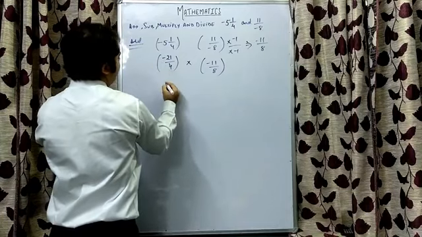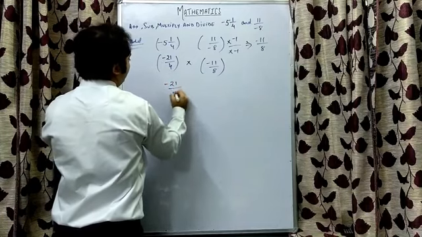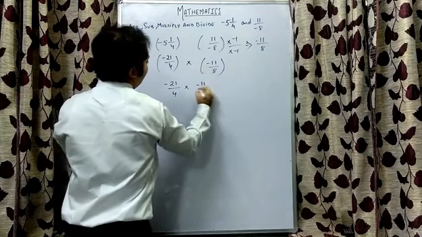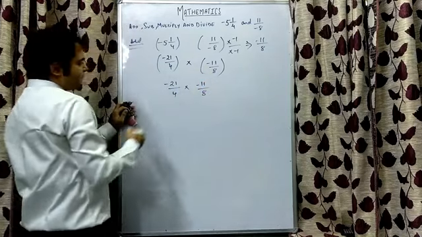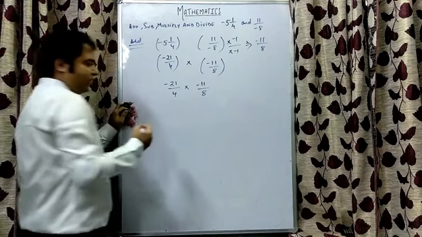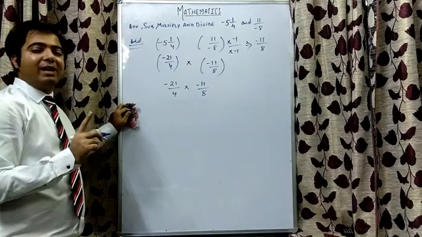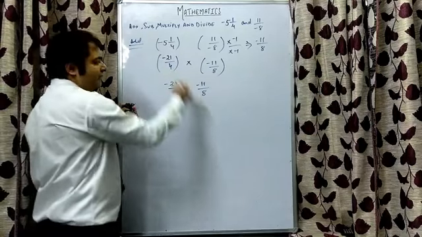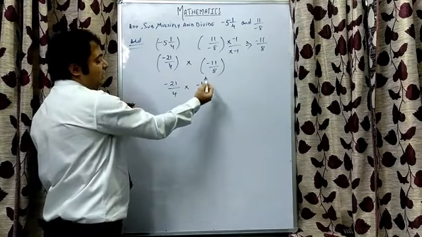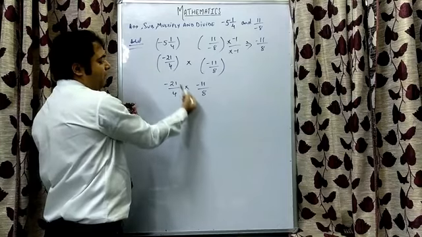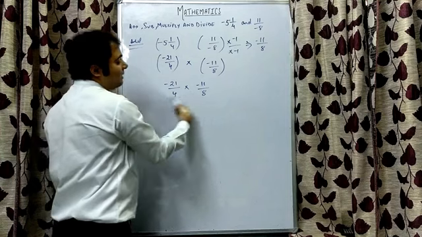Minus 21 by 4 into plus into minus is minus 11 by 8. For this we have to keep two things in mind before cancellation. Cancellation can be done in cross way, or from top and bottom. But we cannot cancel in parallel.